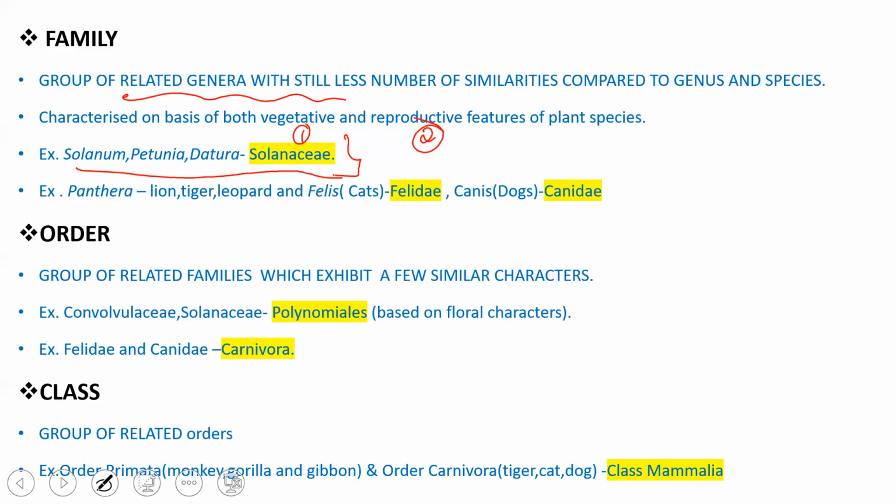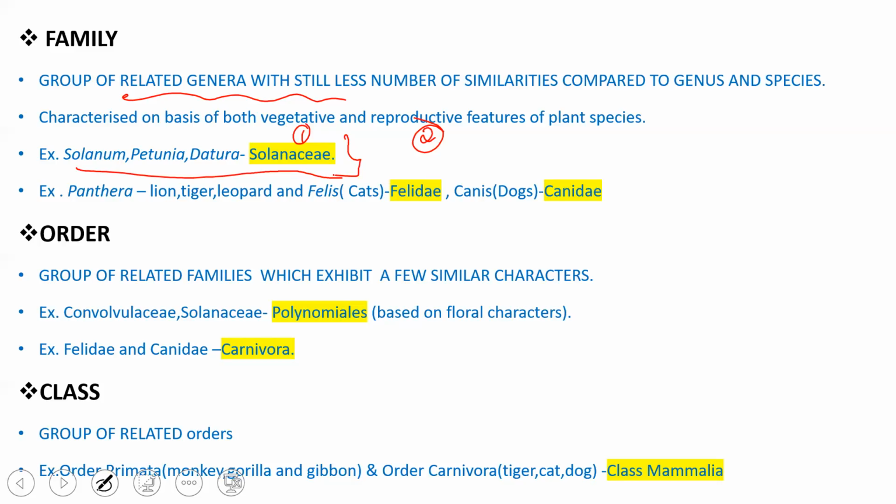So potato, tomato, and even brinjal all belong to the same family, that is Solanaceae. When you look at the flowering of these plant species, they look similar because of the similarities which they have at their family level.